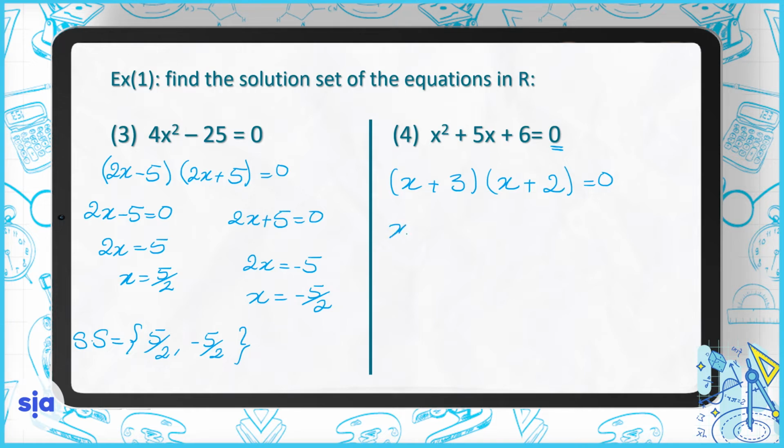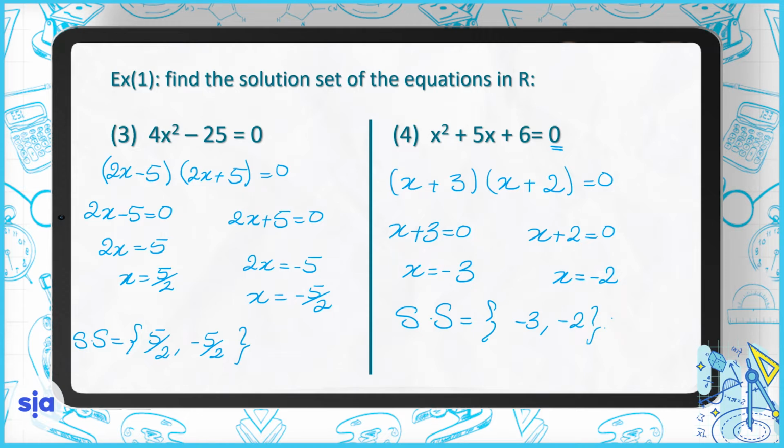So here, x plus 3 can be equal to 0, or x plus 2 is equal to 0. So x equals negative 3 or x equals negative 2. So the solution set for question 4 is negative 3 and negative 2.